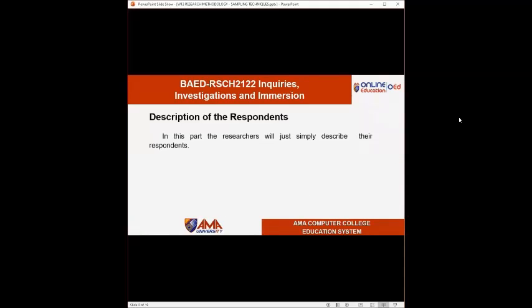Description of the respondents. Dito sa part na to, ang sabi niya, the researchers will just simply describe their respondents. This is one part of the documents na makikita din natin ito sa methodology.